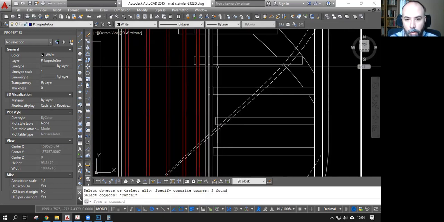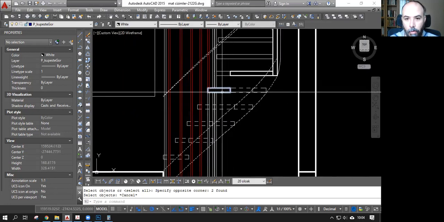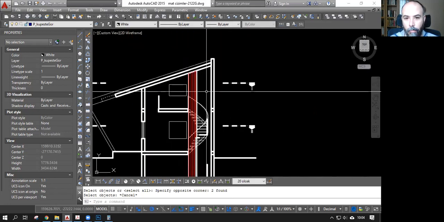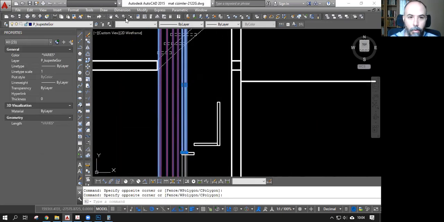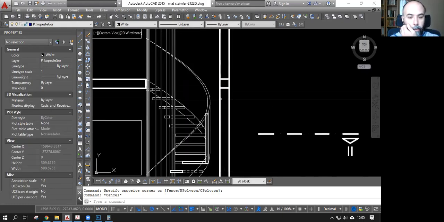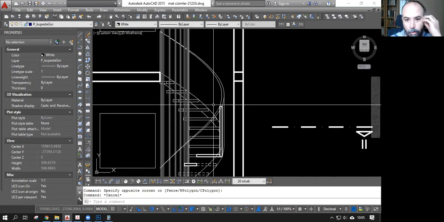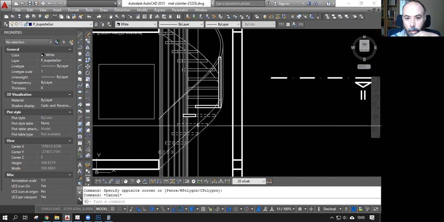Okay. Yeah, I think that's it. Now I can convert them into white. We will be able to see it. Yeah. So these are the strings and these are the steps.